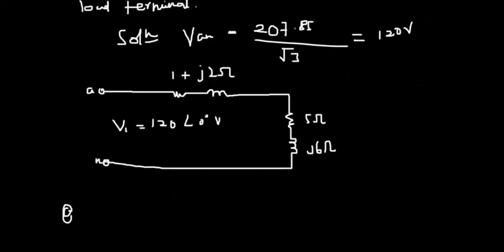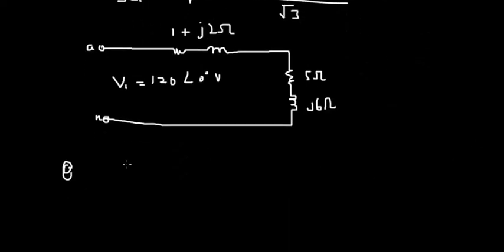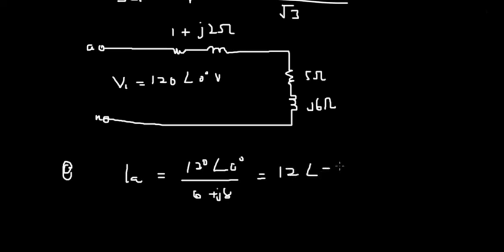So we have IA equal to 120 with an angle of 0 degrees divided by 6 plus J8, and that will give us 12 with an angle of minus 53.13 degrees, and this will be in amperes.